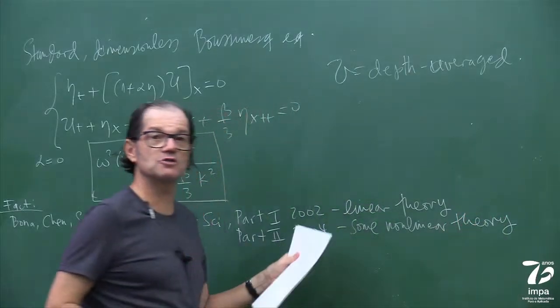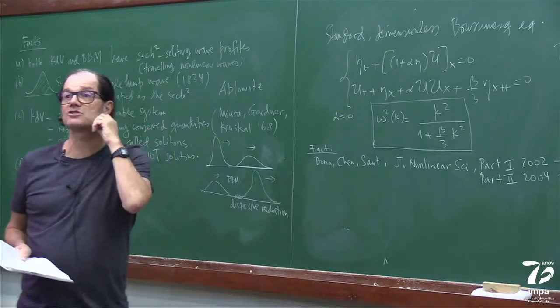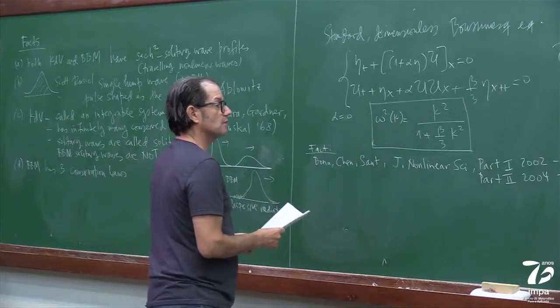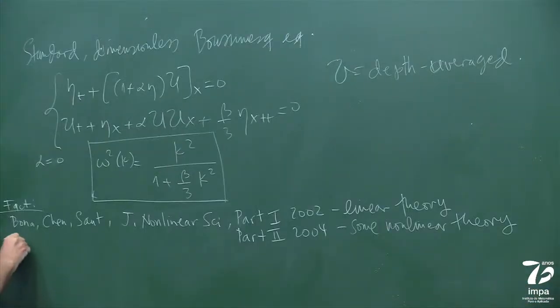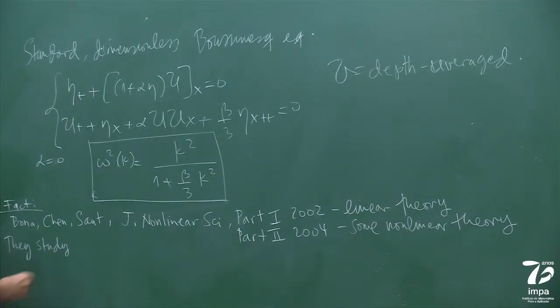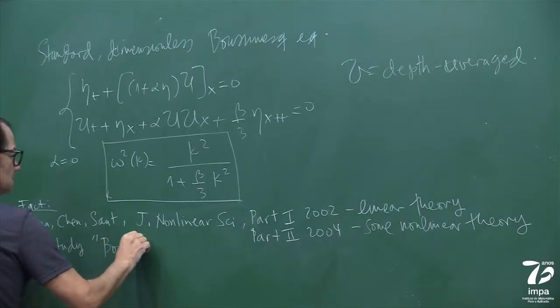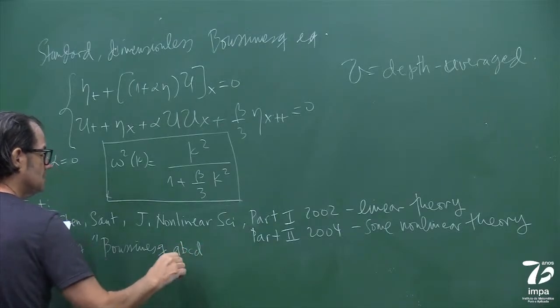So the first paper is linear theory. So it's some functional analysis with meaning the linearized Boussinesq type systems, right? The second part has some nonlinear theory because not everything is possible. So they study what sometimes was called the Boussinesq ABCD system.